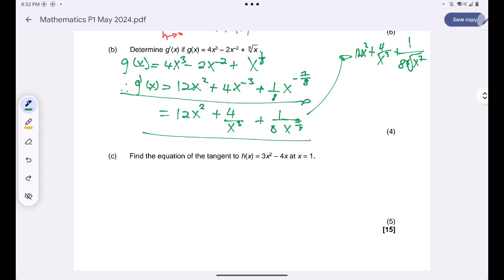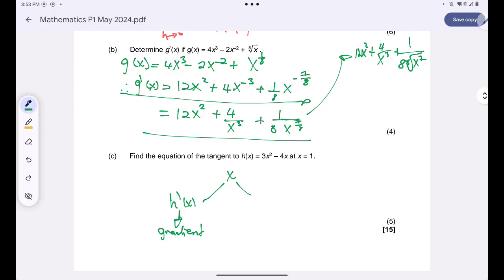Okay, find the equation of a tangent to the curve at x is equal to 1. Please remember that, guys, whenever I substitute the x value into my derivative, in this case h prime of x, the x value will give me the gradient of a tangent.